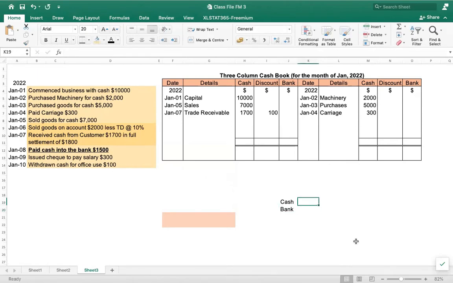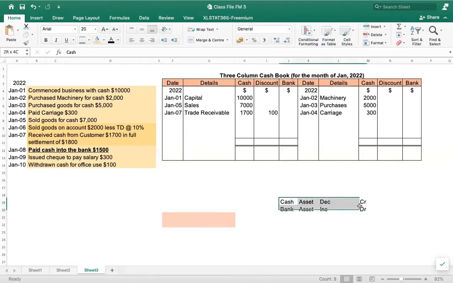Into the bank. Both are asset, right? This is decreasing and this is increasing, isn't it? Yes. So decrease in asset, credit; increase in asset, debit. I hope you understood this.